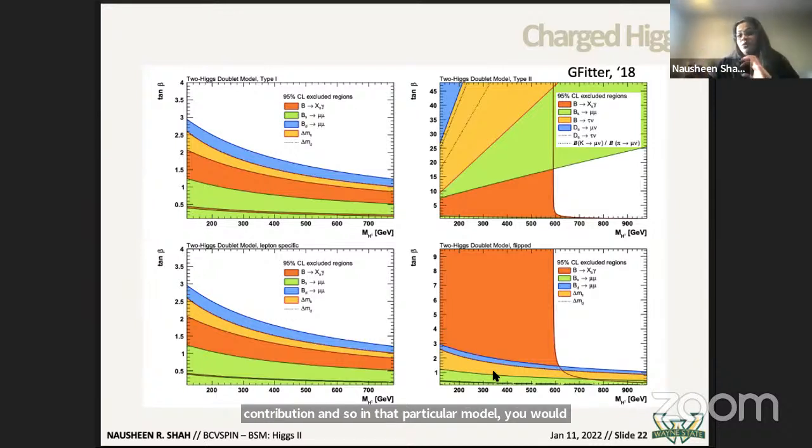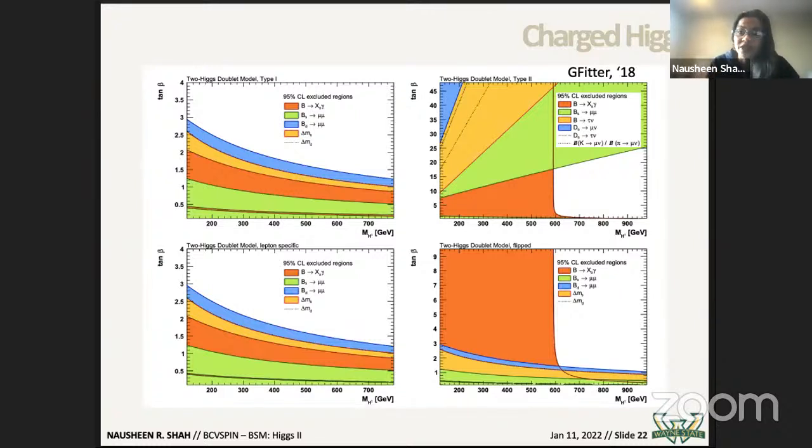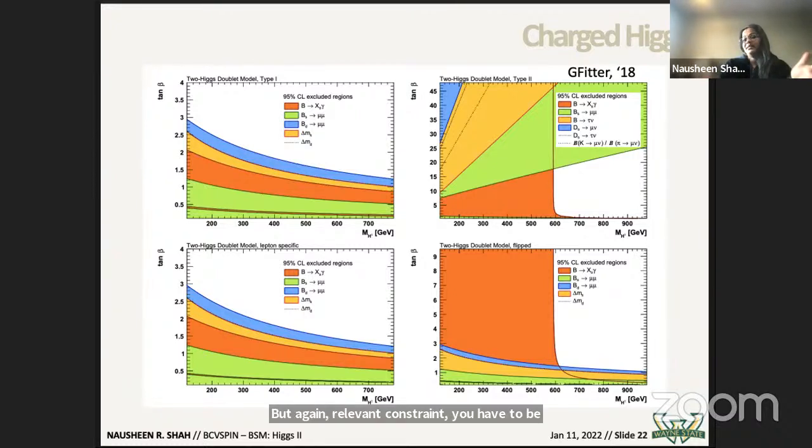So with these flavor observables, you have to think about your full model, and also about the caveats that go into how stringently you take these constraints, right? How much weight you should put on whether everything is ruled out or not. But again, it is a relevant constraint, you have to be aware that this happens and take that into account.